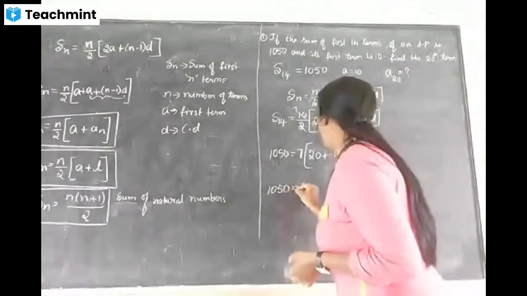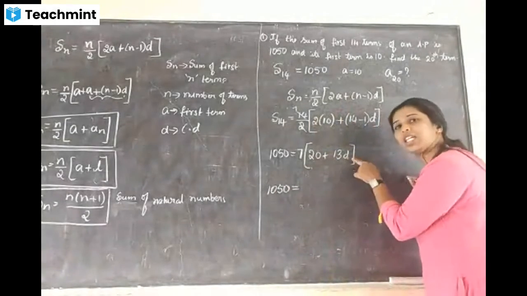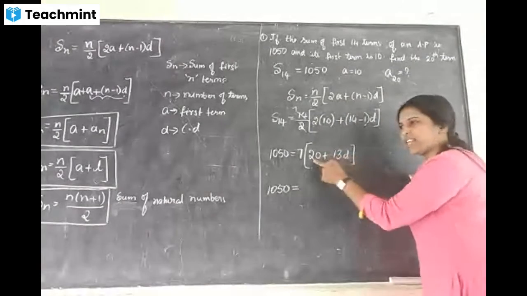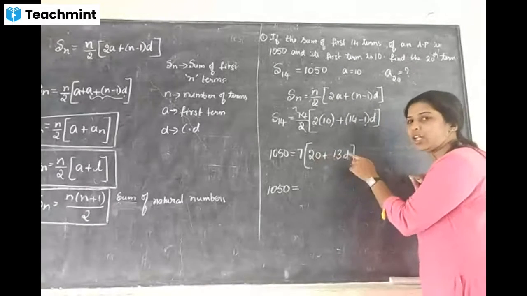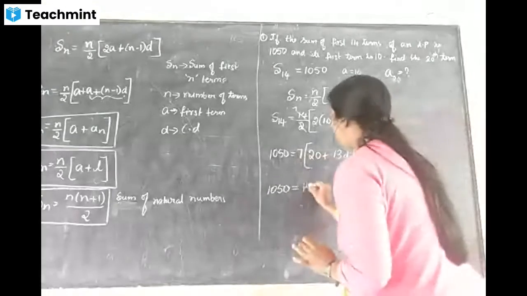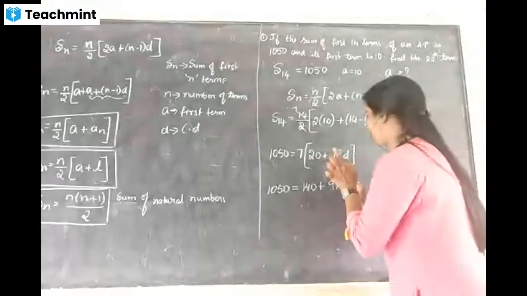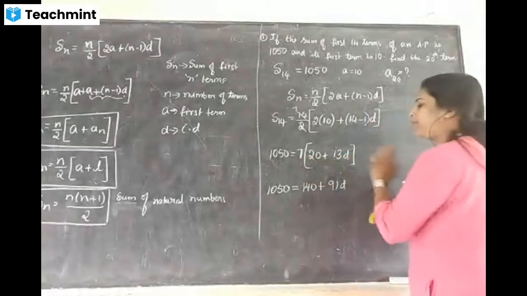1050 is equal to, now see here 20 is there, here 13 is there and it contains d. So don't go for addition here. One unknown is there, with the unknown we cannot add a constant number. So we multiply: 140 plus 7 into 13 is 91d. From 7 you have to multiply both.